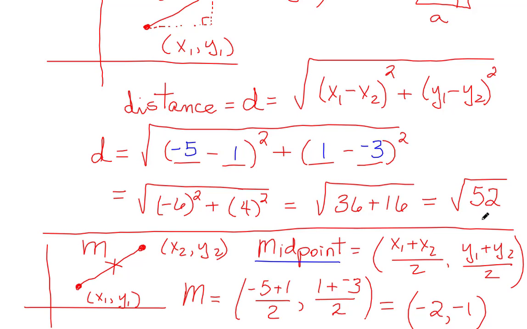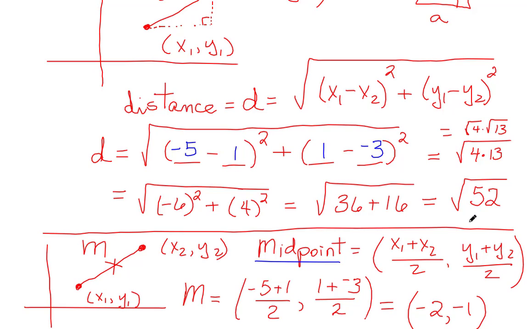Now, can I simplify that? Does 4 go in there? 4 goes into 52 thirteen times. So this is the square root of 4 times 13. Yep, that is true. And so this would be square root of 4, square root of 13.